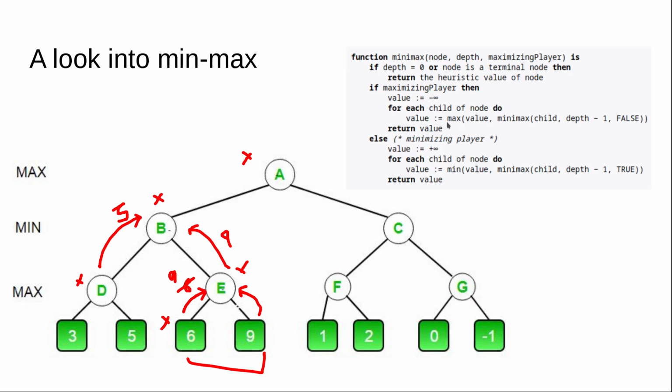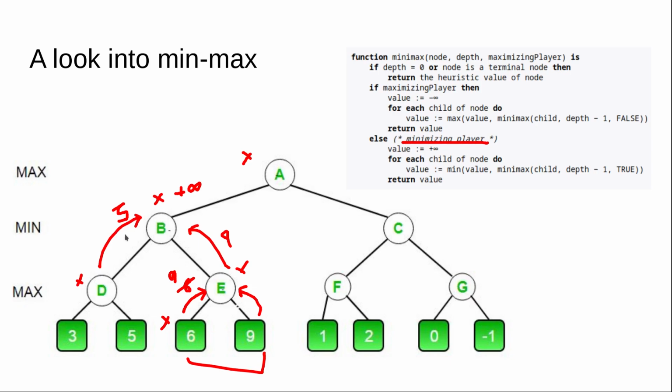Now the minimizing player would receive both these values. Since this is a minimizing player, it currently has a value of plus infinity, and it would try to minimize both these values.